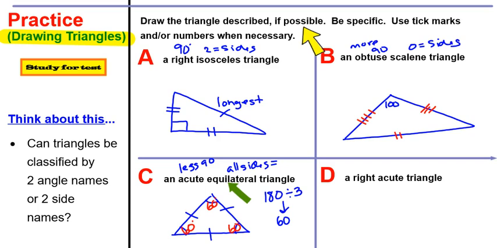All right. The last one, let's jump to letter D here. We're going to do a right acute triangle. So again, when I think of a right acute triangle, I'm thinking of a triangle that has 90 degrees in it. And then I also am going to think of an acute triangle where everything is less than 90.